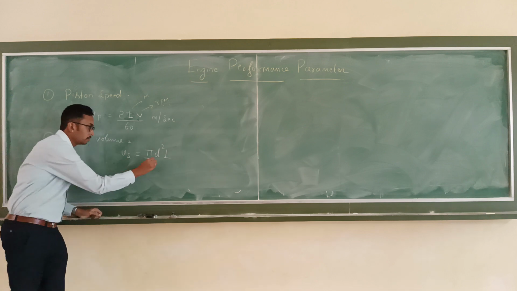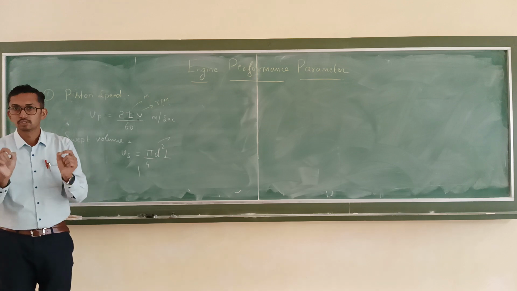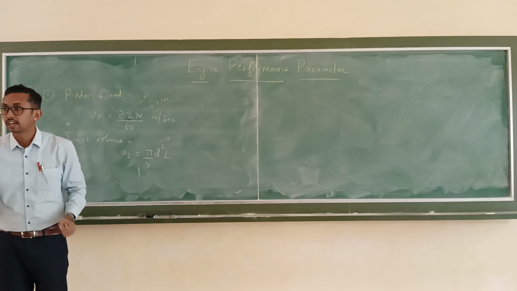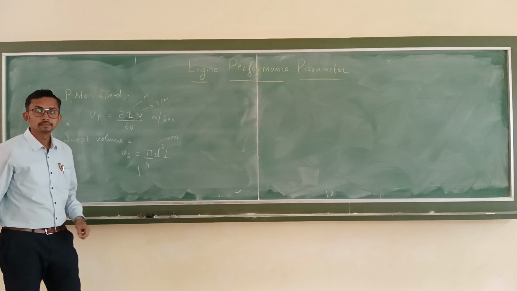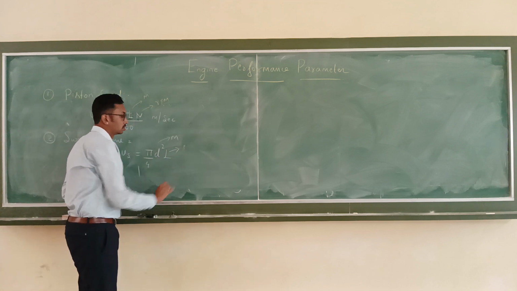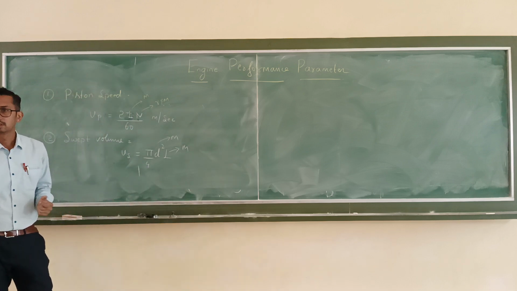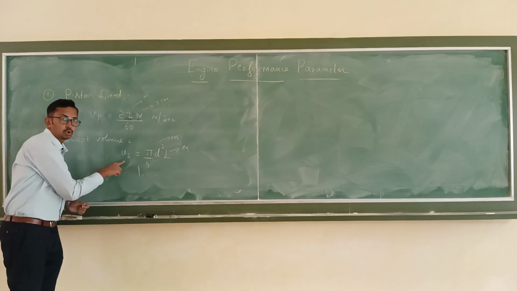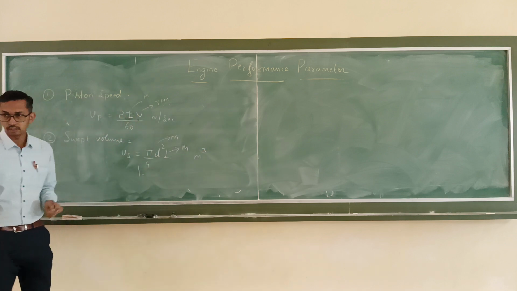What is the meaning of D? Bore. Bore means the diameter of the cylinder, and that must be in meters. And what is L? L has already been given: stroke length, which must also be in meters. So what is the unit of swept volume? Meter cube, right? Why meter cube?